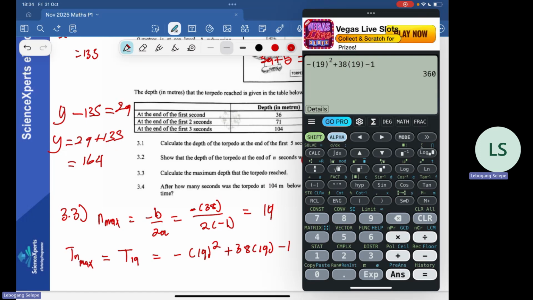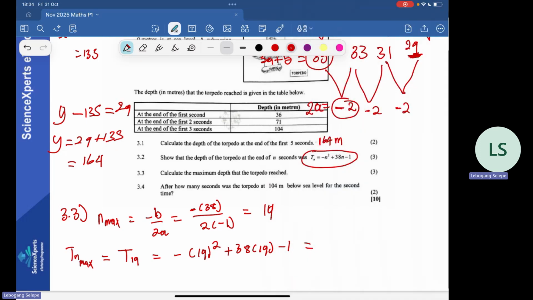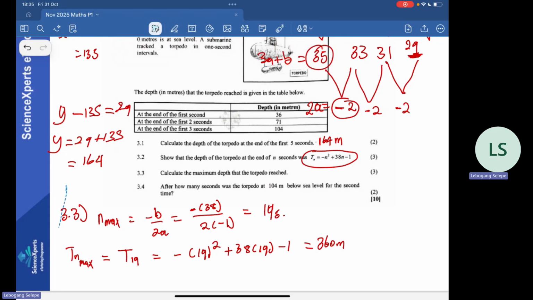This gives us 360, right? That gives us 360 meters. So our maximum is at the end of 19 seconds. Right, let's move on, guys.